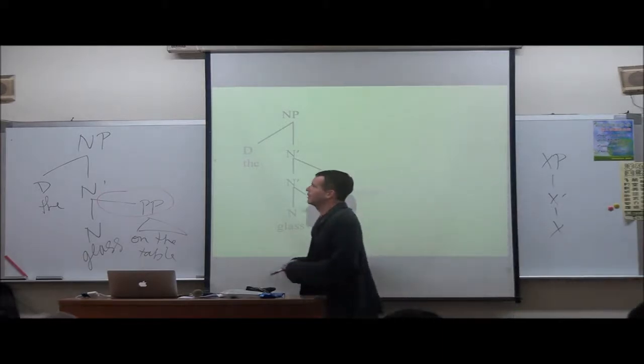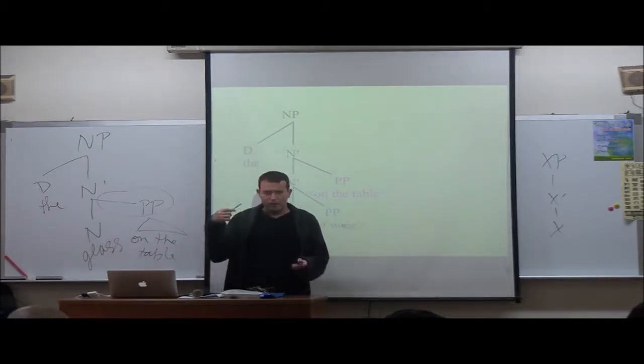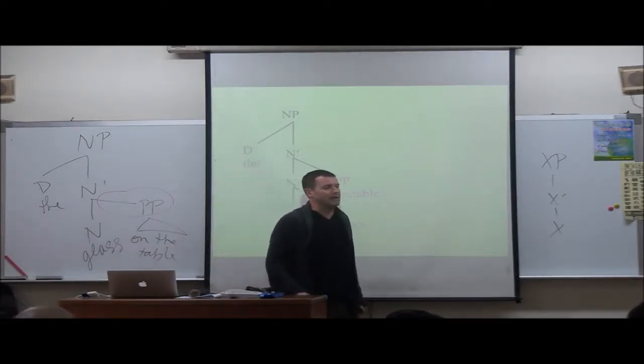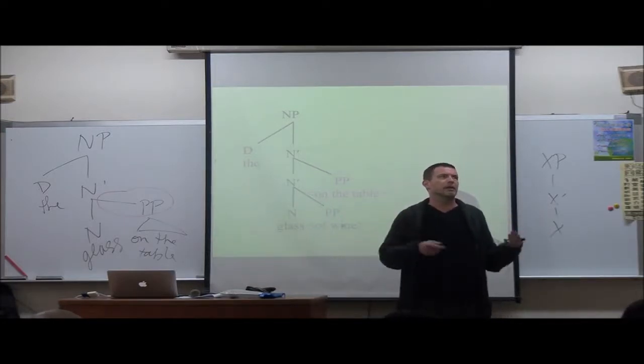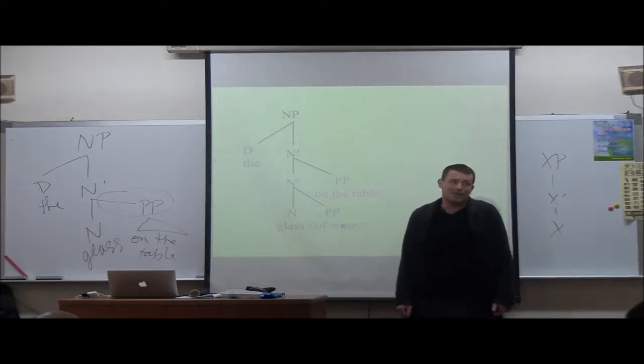So, as we already said, for every adjunct you have in a tree, there's going to be an extra X bar. So the number of X bars in a tree will equal the number of adjuncts plus 1. How many adjuncts are there in the phrase, the glass on the table? Answer, 1. How many N bars do you need? Answer, you need 2.